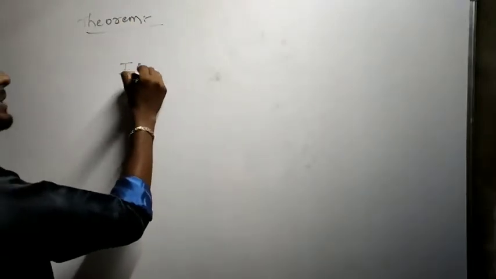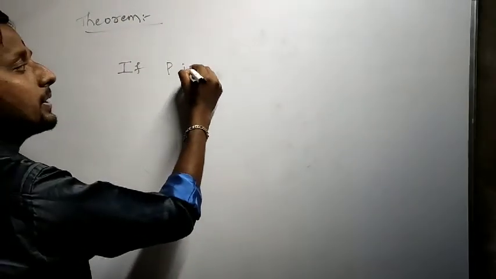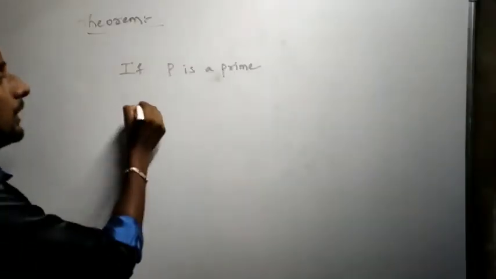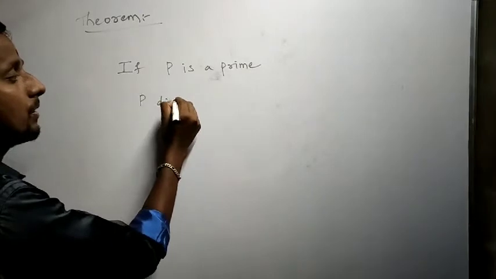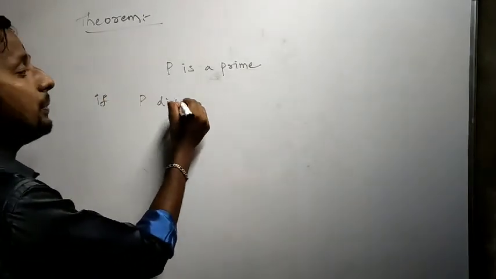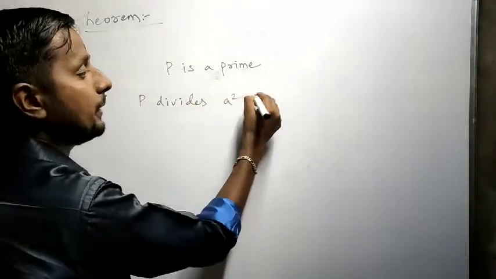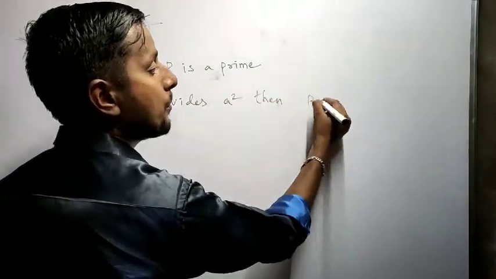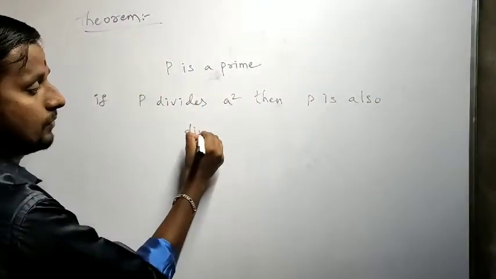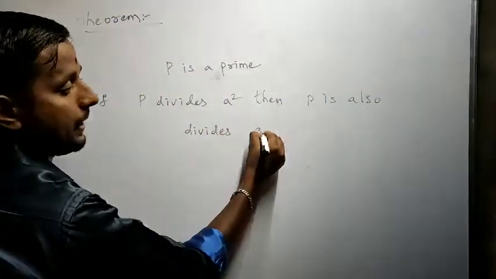Yeah, one more theorem. What does the theorem tell? If P is a prime, now if P divides a square, then P also divides a.